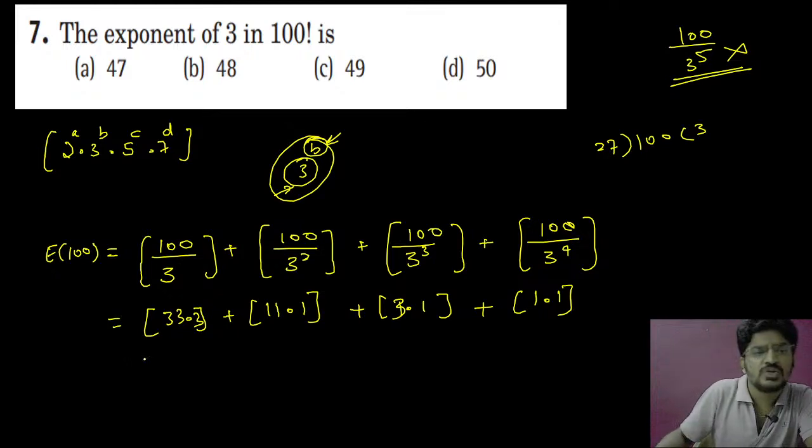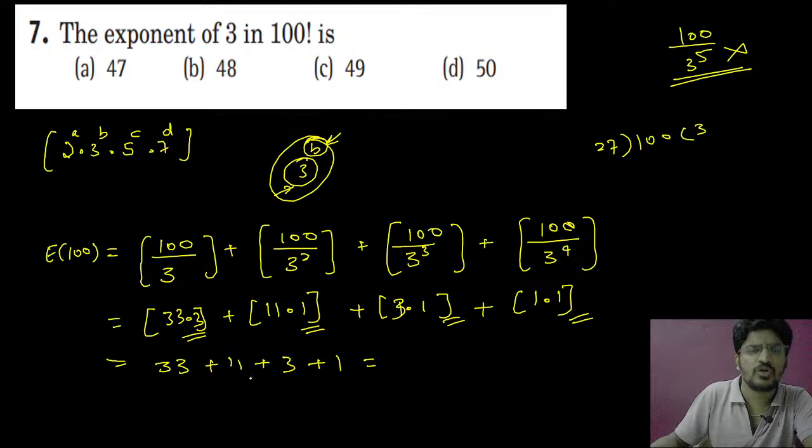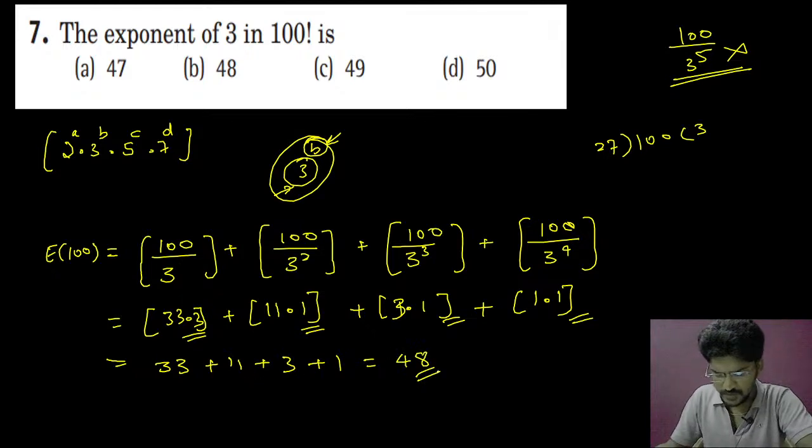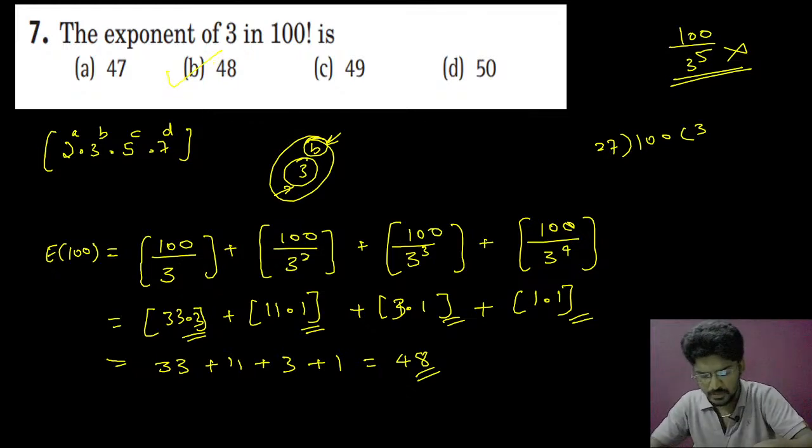Clear? So clearly greatest integer of 33.3 is 33, 11.1 is 11, 3.1 is 3, 1.1 is 1. Okay, so this will be 44 plus 4, 48. So 48 will be our right answer, that is option B.